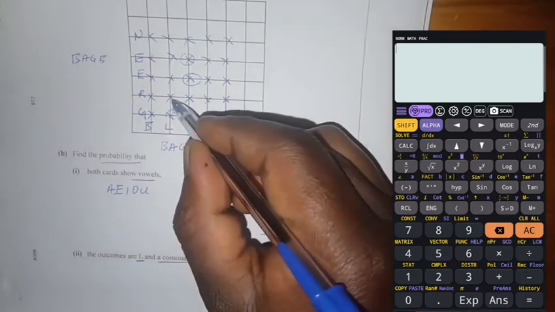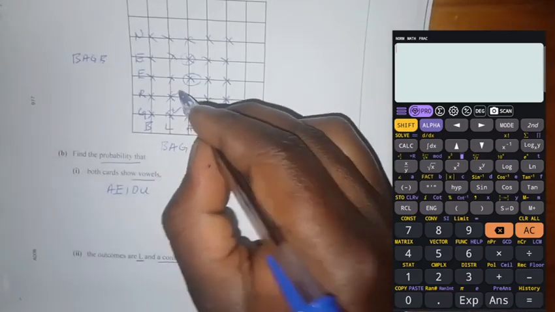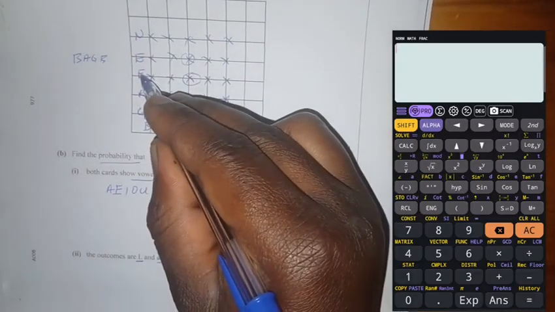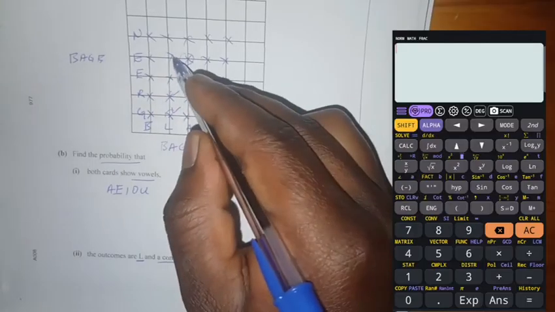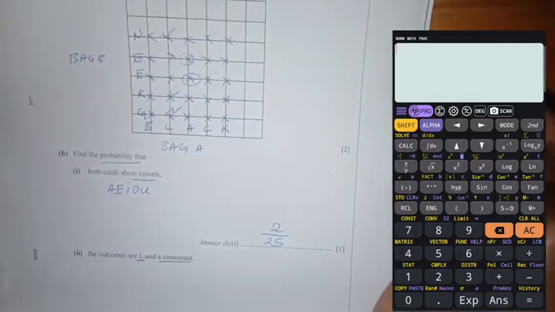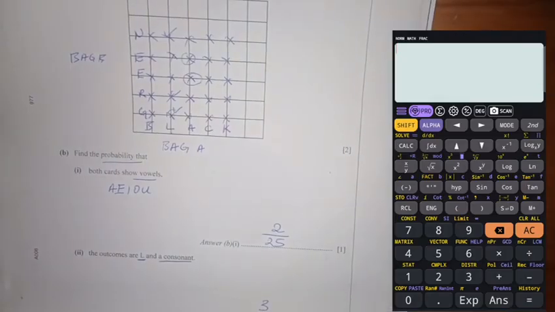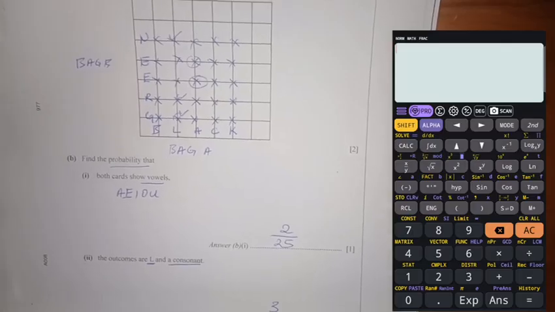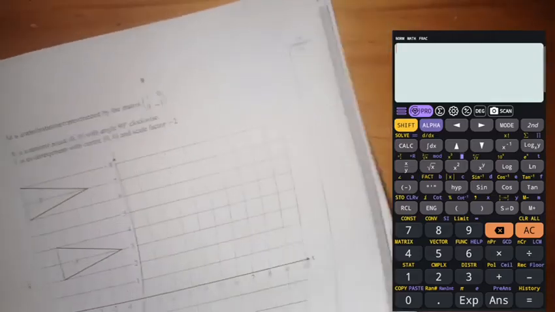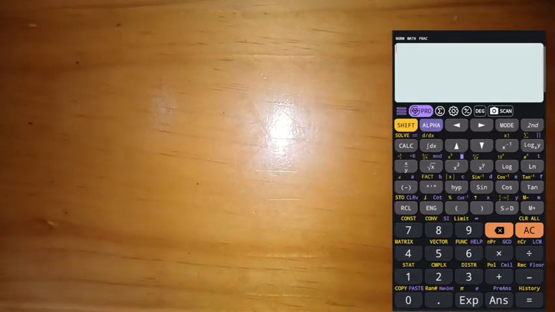L and R, this is a consonant, so this is the second outcome. L and E is a vowel, that's not what we are looking for. Still a vowel. And this one is a consonant. It's a total of 3 out of 25. Let's move on to the next question, which is on transformations.